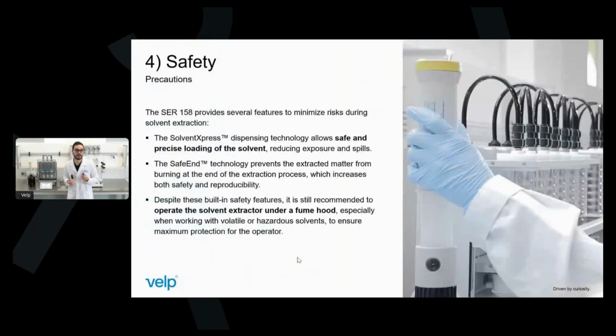And also for the safety of the operator, with the Solvent Express dispensing technology, we can allow safe and precise loading of the solvent directly inside of the instrument. We just have to quantify the volume that we want to insert with this tool, and we can forward the solvent into each extraction cup in an automatic and low exposure way.